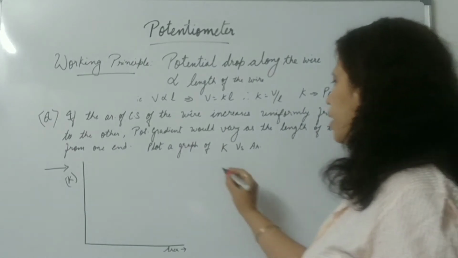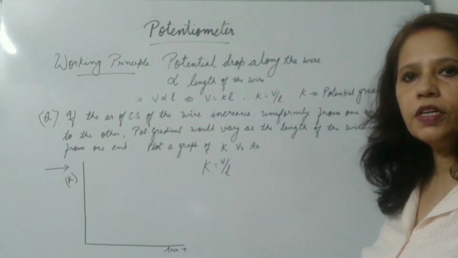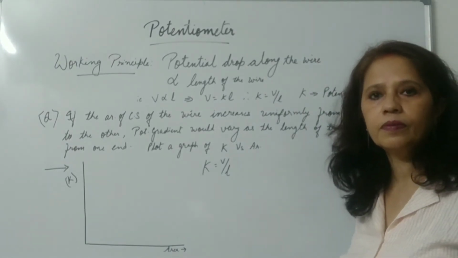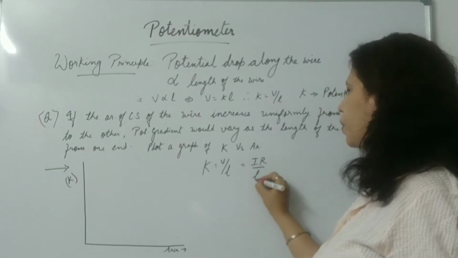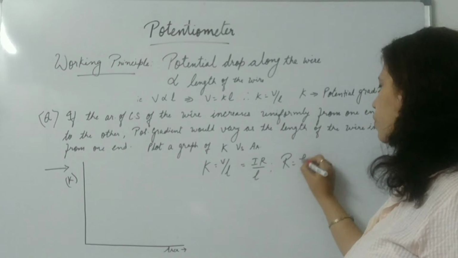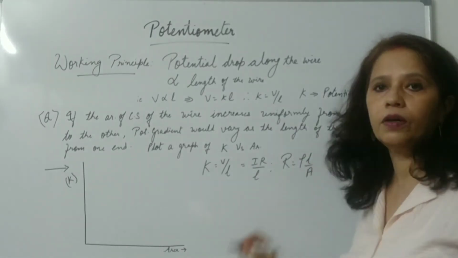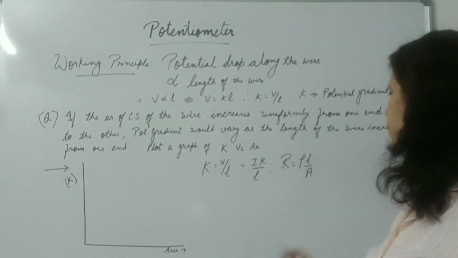So now K equals V upon L. Now what is V from Ohm's law, children? Yes, IR. So IR upon L. Now we know that R is equal to rho L upon A, where rho is called the, yes, resistivity.